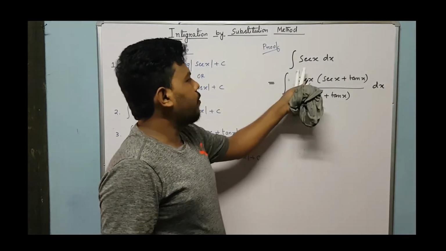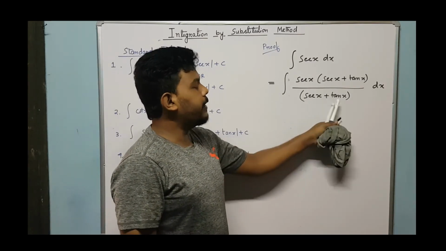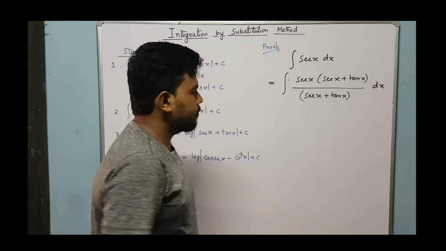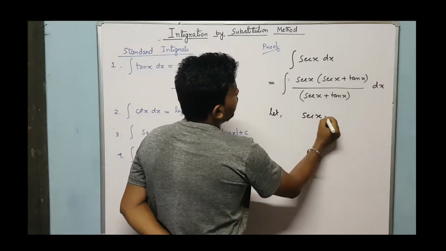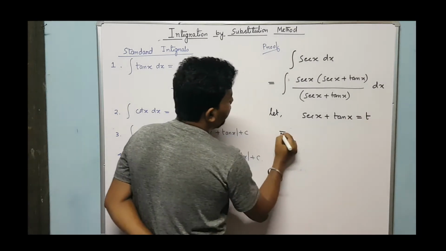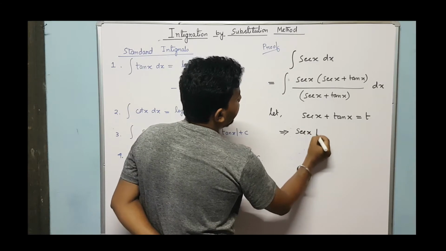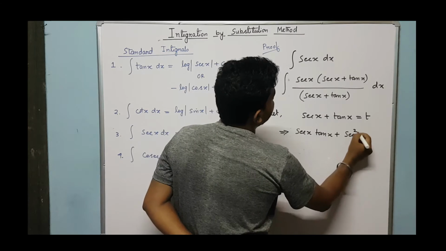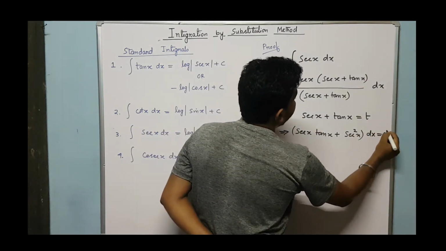For this formula proof, you have to know that the derivative of sec x and tan x is sec x tan x plus sec square x. So if I let sec x plus tan x is equal to t, differentiate this, you'll get for sec x it is sec x tan x, and for tan x it is sec square x. Now multiply by dx, it is equal to dt.